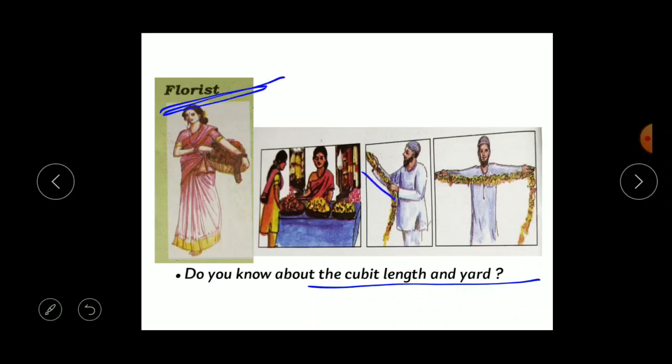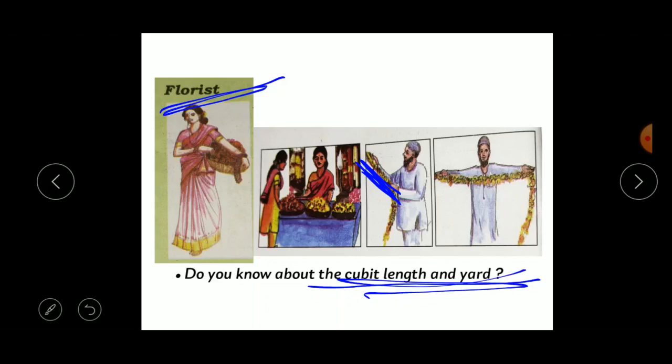This is called the cubit, right? These cubit and yard, both are the units of informal measurements, okay. Use of these measurements is useful to the people who string flowers, sellers and buyers of the flowers.